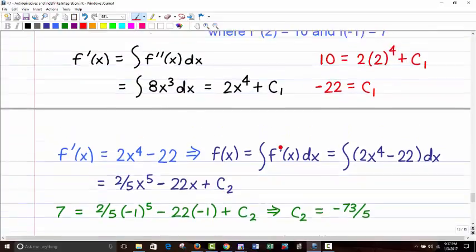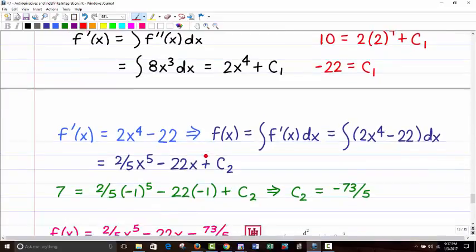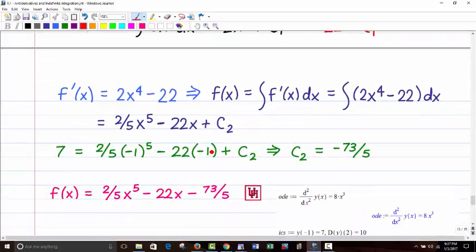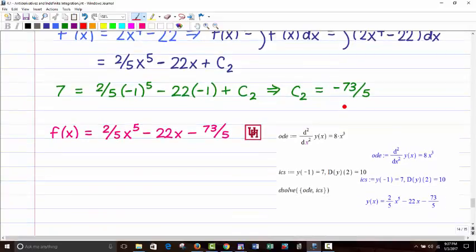So what is this information telling us? f of negative 1 equals 7. So you put 7 on the left side, and negative 1 for x on the right. It's got a fraction here because of that 2/5, but you can work it out in the calculator.